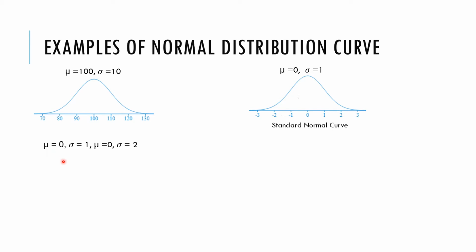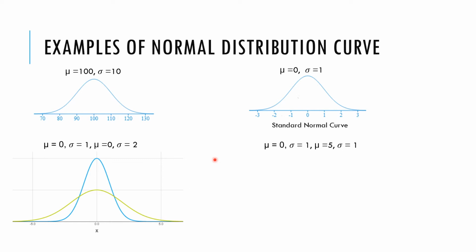Although we are keeping the mean the same, 0, for both distributions, the standard deviation is different. This is where the standard deviation is 1. You see it is quite narrow and tall. When we increase the standard deviation by 1, it becomes short and also wide. This is what we talked about in the previous video.